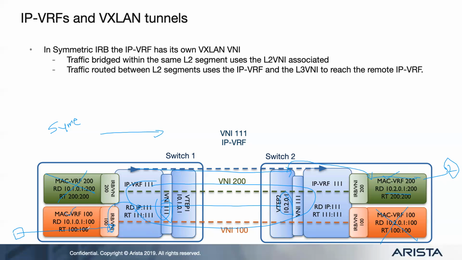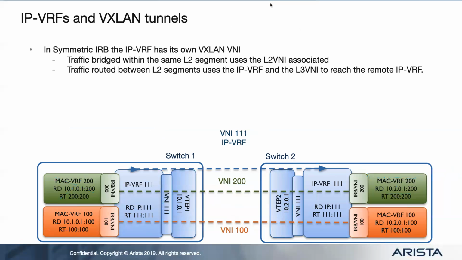So basically, depending on your configuration, you will choose to use that particular VNI to forward the packet, right? Is it clear? Any question on this? So if it is VLAN 200, you will send the packet using VNI 100, direct bridge.